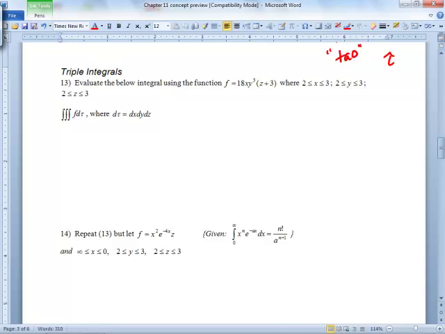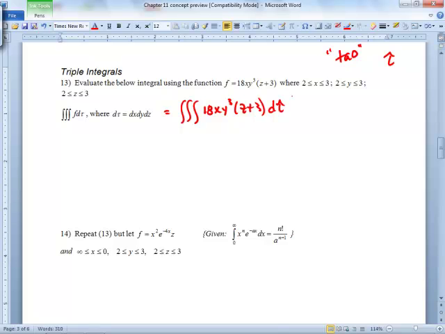D tau is dx, dy, dz. Okay. So if we wanted to substitute that function in, all right, 1, 2, 3 integrals, 18x y cubed z plus 3 d tau.